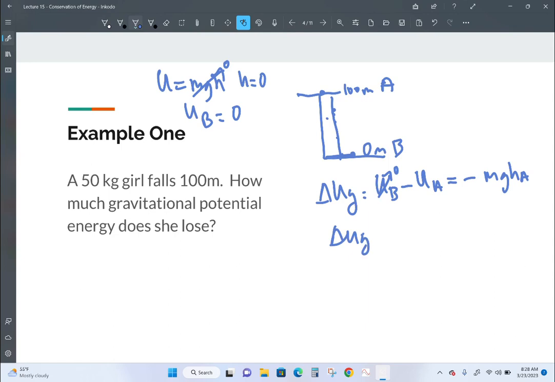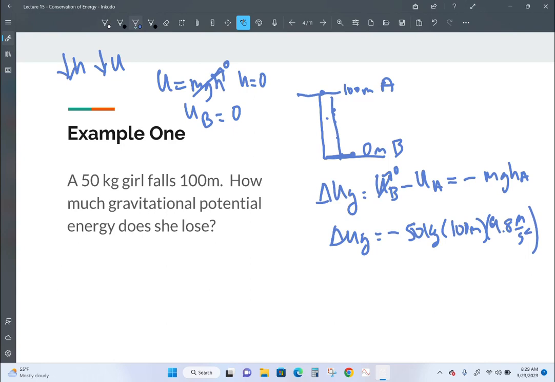So notice that this is going to be a negative change. It means we're losing potential energy because as height goes down, potential energy goes down. It's a direct relationship. So we're going to lose 50 kilograms times 100 meters times 9.8 meters per second squared.